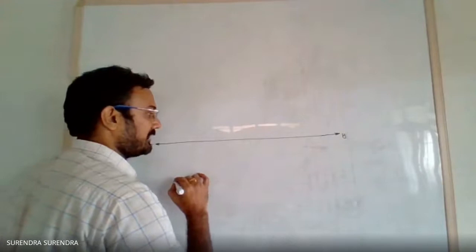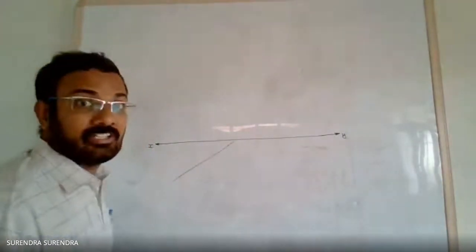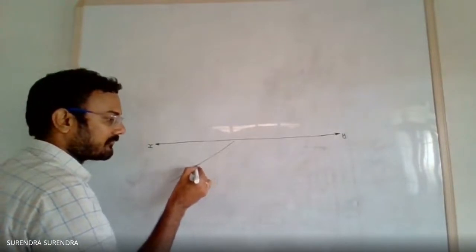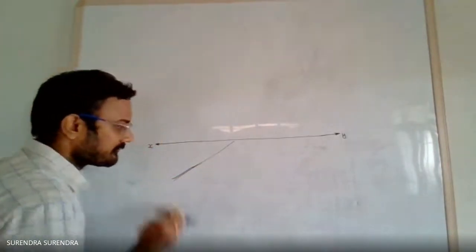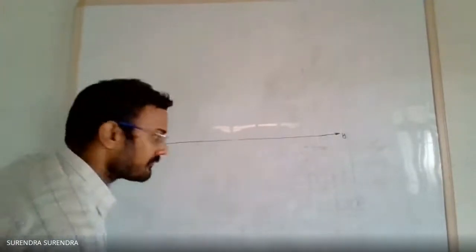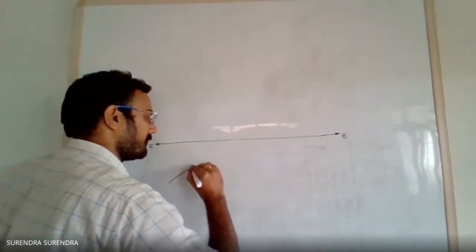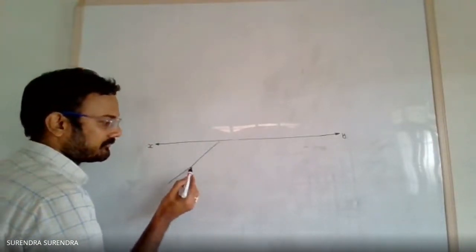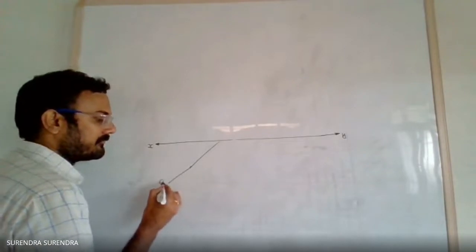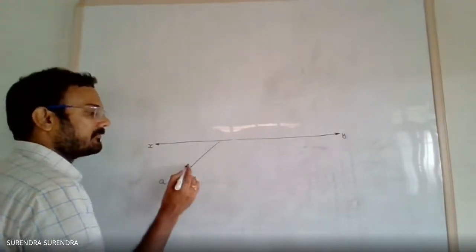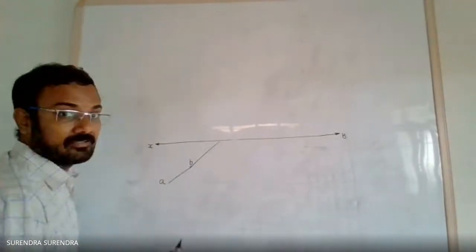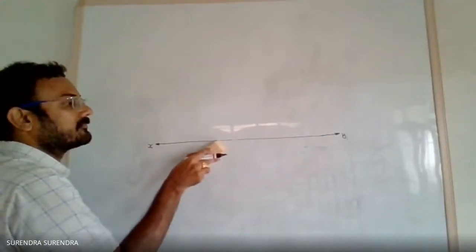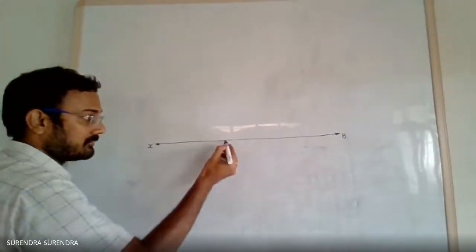So first draw an inclined line at 40 degrees. And based on this 40 degrees inclination line, construct the equilateral triangle. So let the sides be A, B. With A as center, I'm drawing a little bit larger one so that you can see the shape clearly.